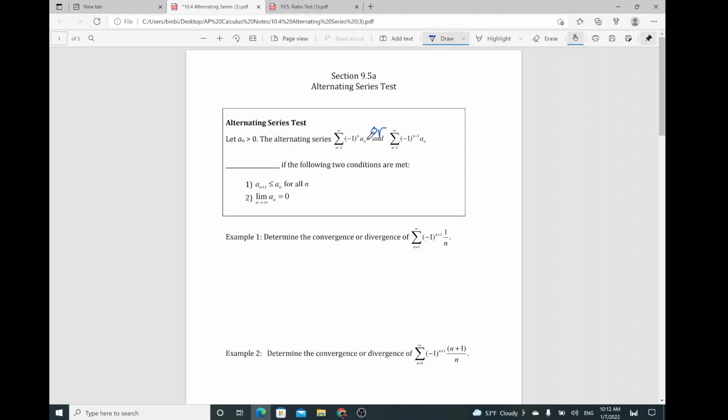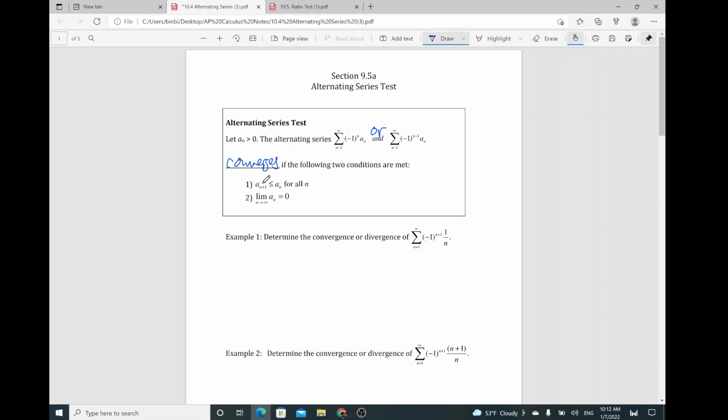converges. Either one of those, the series converges if the following two conditions are met. We have two different criteria that we need to verify in order to make sure that the alternating series converges.